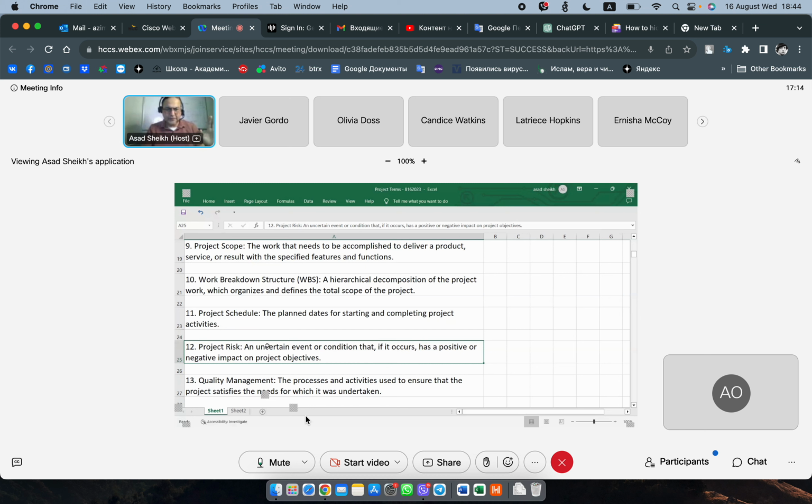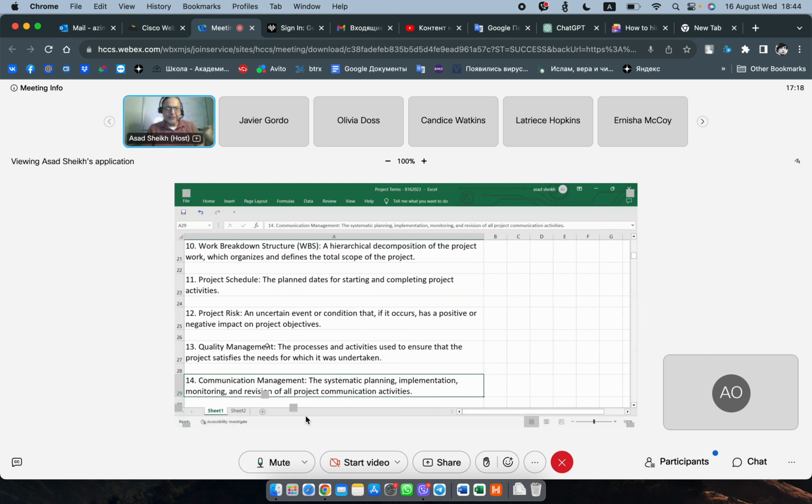Quality management, communication management, these are different chapters, and it just summarizes what we mean by it, the processes and activities used to ensure that the project satisfies the needs for which it was undertaken. So quality and requirements.